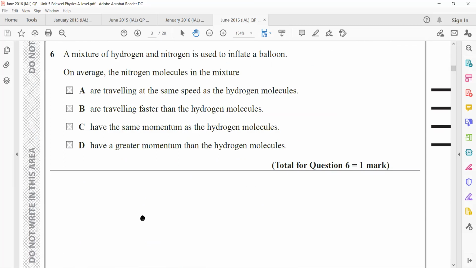Question 6. A mixture of hydrogen and nitrogen is used to inflate a balloon. On average, the nitrogen molecules in the mixture. Question 6. What could be the answer?